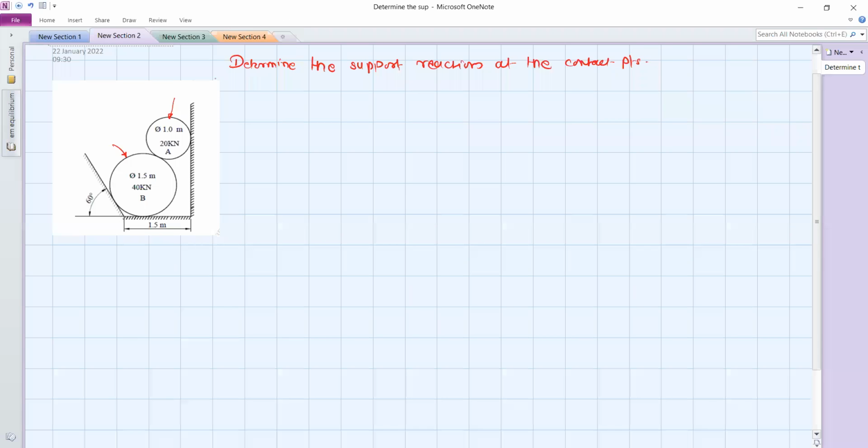Okay, so in the given system, in total we have this first contact point, this is second, and this is third contact point.